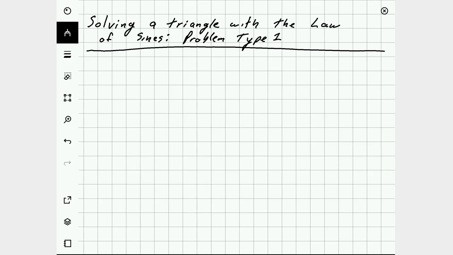Solving a triangle with the law of sines, problem type 1. In this video and a couple related to it, we're looking at trying to solve oblique triangles.